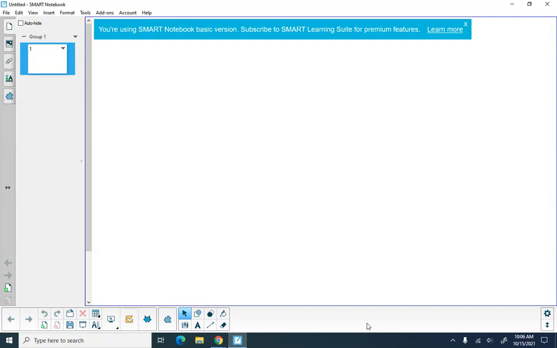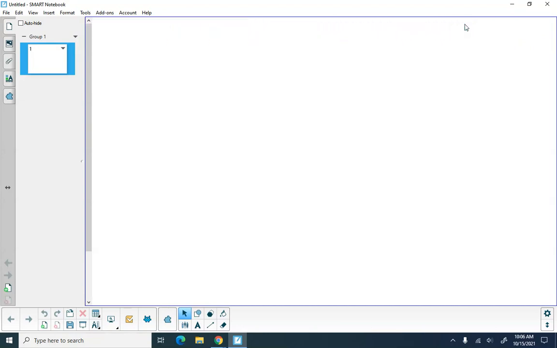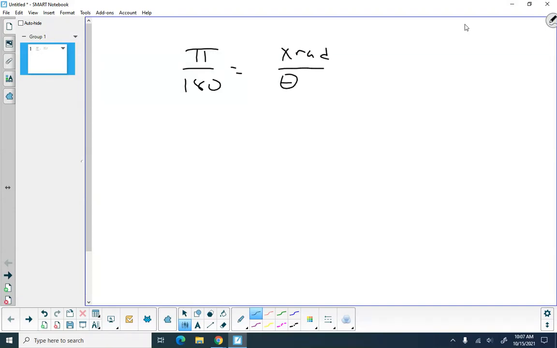And yesterday when we dealt with radians, we had a proportion that allowed us to convert our degrees into radians, or radians into theta degrees. So we have pi over 180 degrees is equal to x radians over theta degrees.